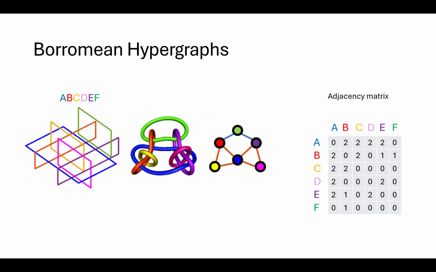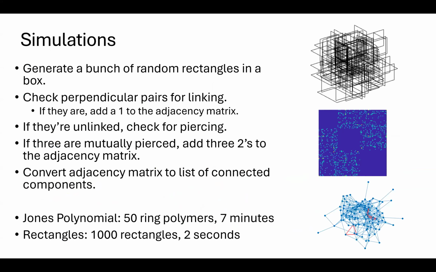Each graph is equivalent to a matrix called an adjacency matrix. So we can represent each blue edge as a 1 in the matrix, each red triangle as a bunch of 2s, and these matrices are symmetric if the graphs are undirected. And so to answer the question, are there random Borromean links in random Olympic networks?